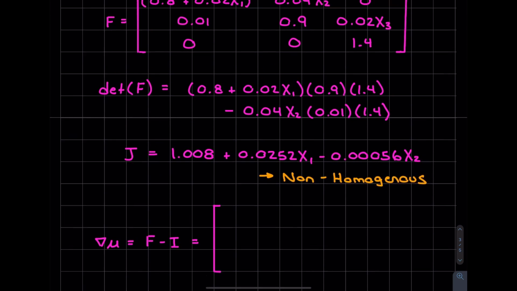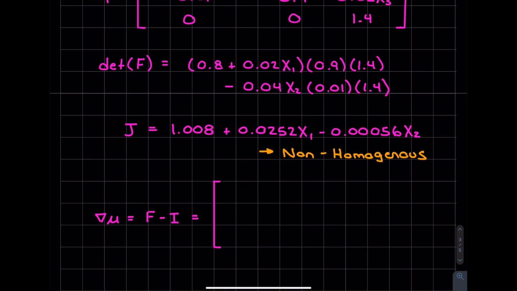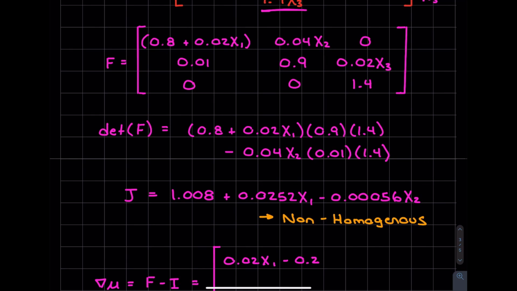I come up here, and I have 0.8 plus 0.02 x1. Well, if I subtract 1 from that, that 0.8 will turn into negative 0.2. So down here, I'm going to go 0.02 x1 minus 0.2. Because all I did was subtract 1 from this term right here.